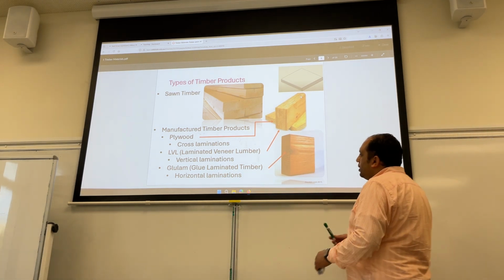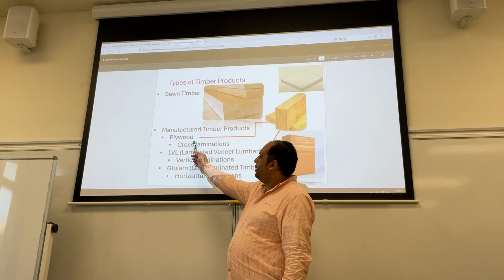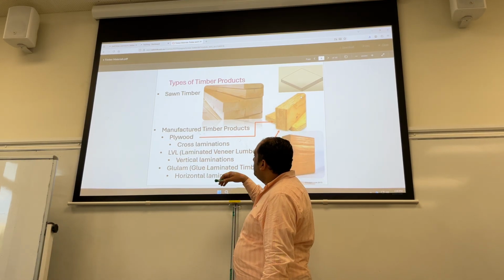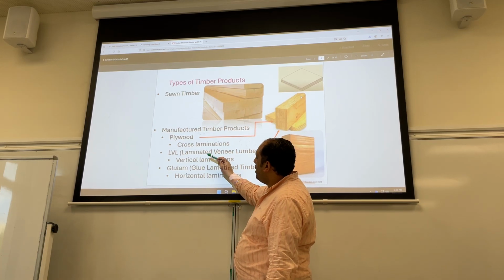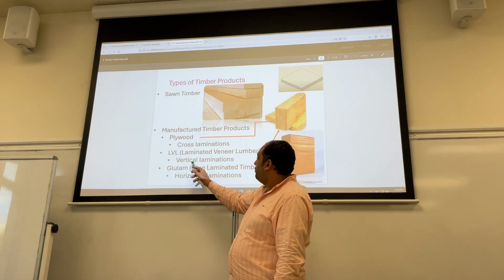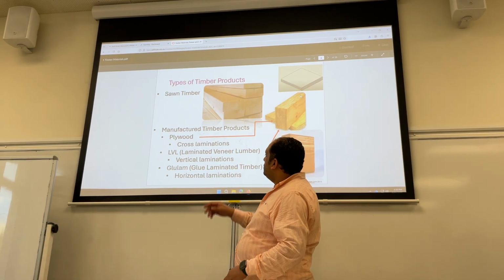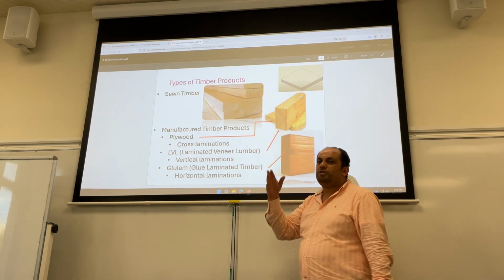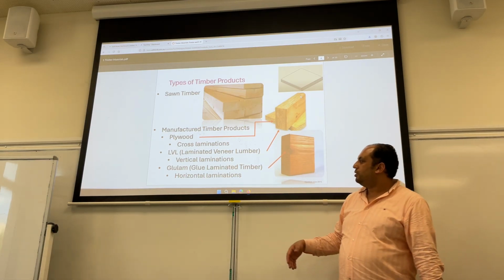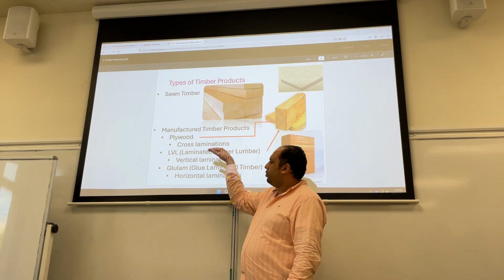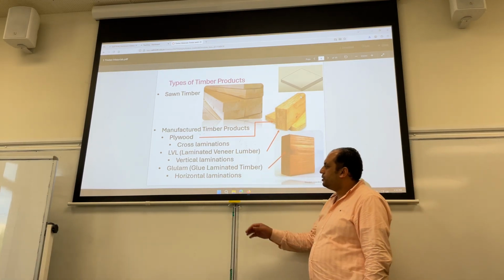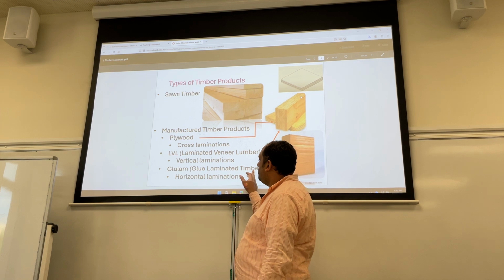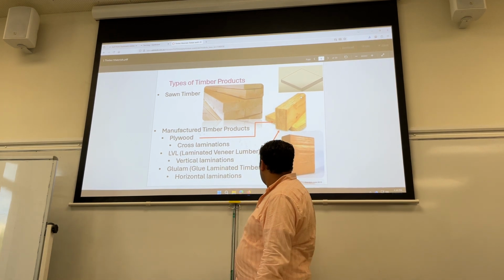So some of the manufactured timber are like plywood, like this one here, or close lamination. We have laminated veneer lumber. This also we call it LVL, vertical lamination. So it depends on the direction of the lamination. If it is vertical lamination, we call it LVL. If it is cross, it is plywood. The third one is glulam or glue laminated timber, which is horizontal lamination.